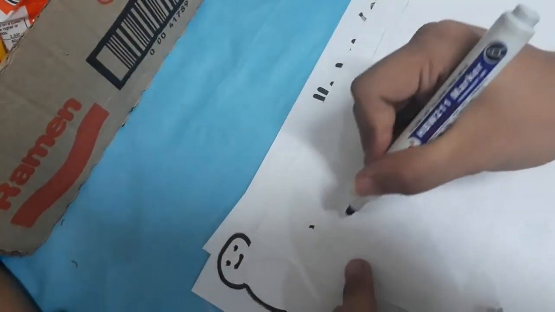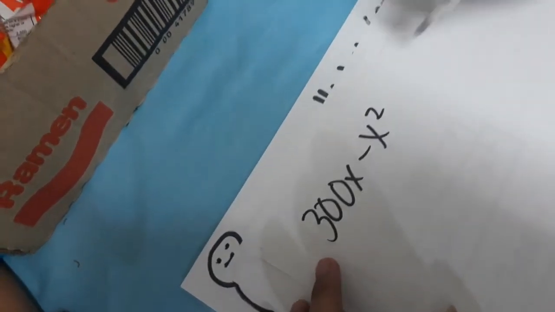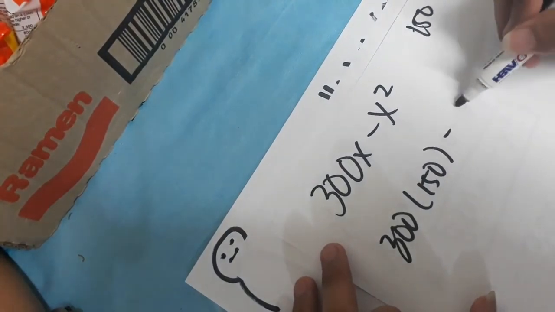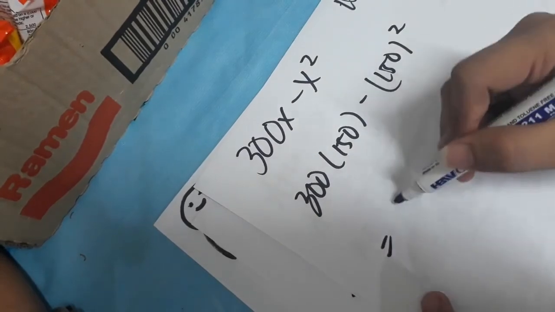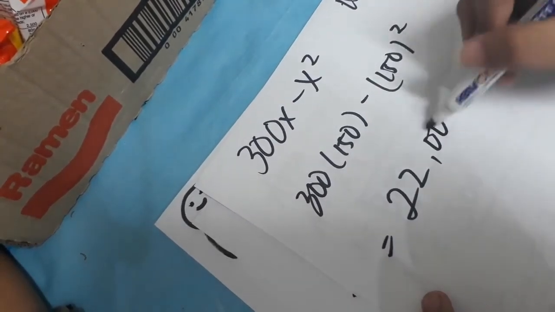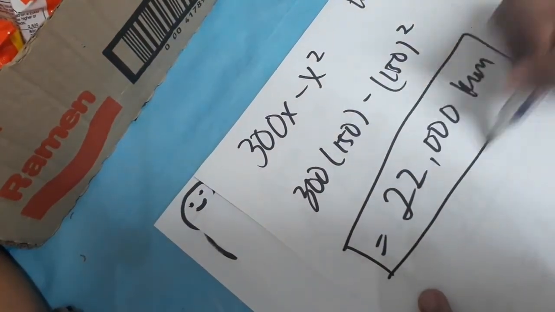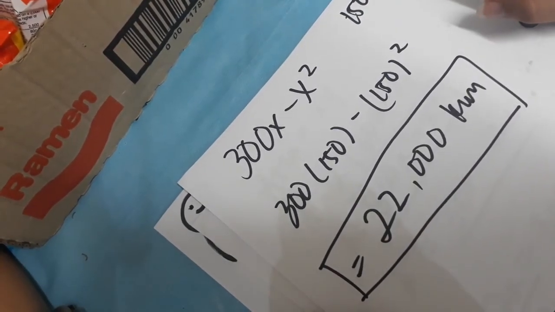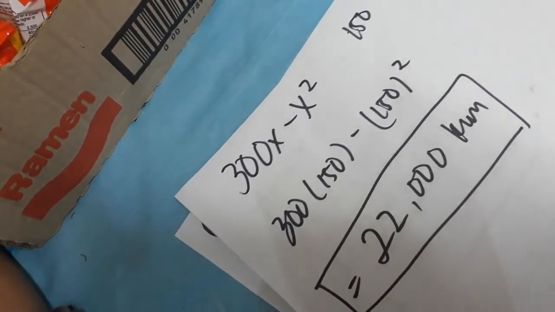So it will be 300 times 150 minus 150 squared. So the answer will be 22,000 kilometers of land. So this will be the maximum capacity of John's land, and that is a real life example of differentiation.